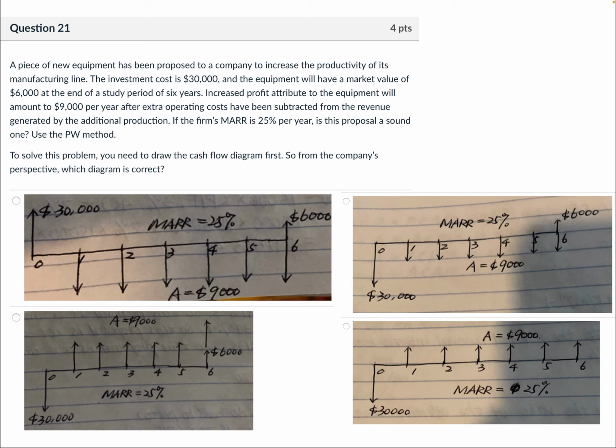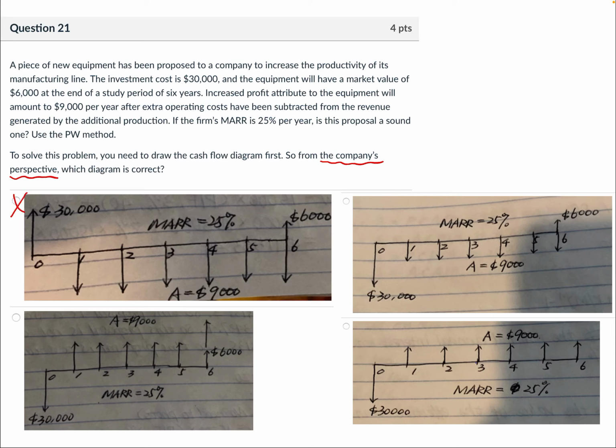Okay, so first thing you need to draw the diagram, and we have 4 options. We said the point of view you're going to use is the company's perspective. So the company needs to spend 30,000 at the beginning, so the 30,000 is going to be the arrow going downward.